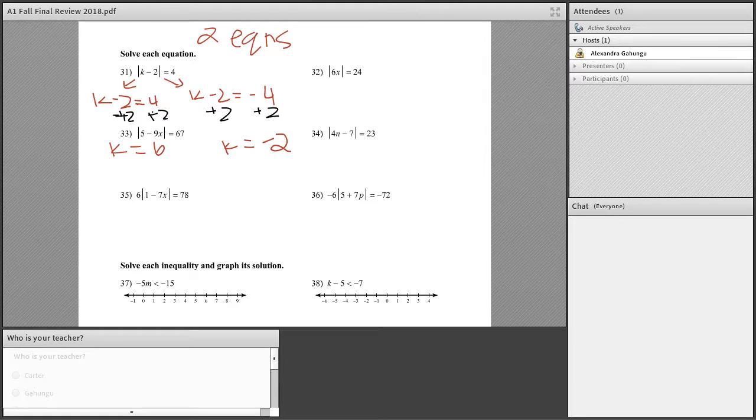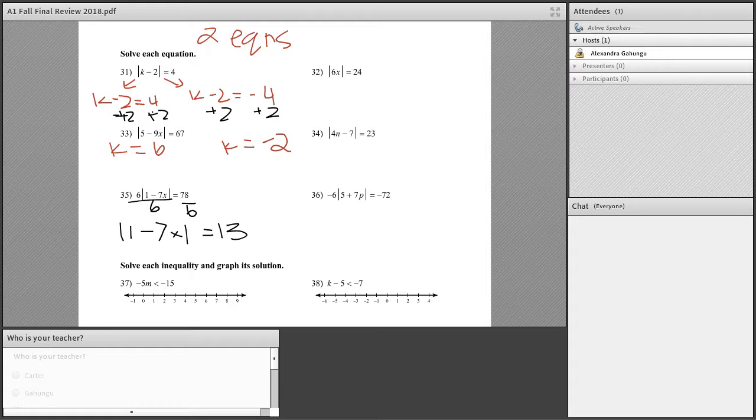For absolute value equations, like 35, you have to make sure that your absolute value is by itself before you split it. So we want to divide by 6 first because it's like 6 times the absolute value. So to get rid of that, we want to divide by 6 on both sides.